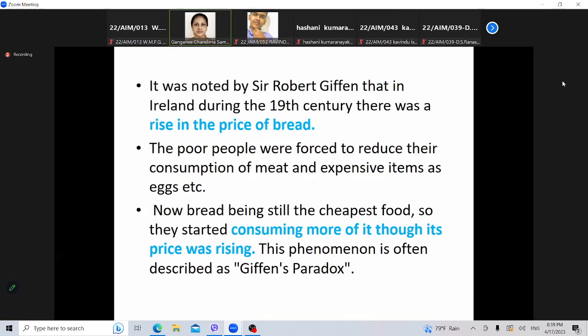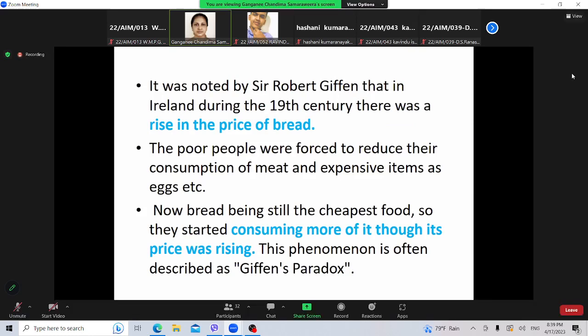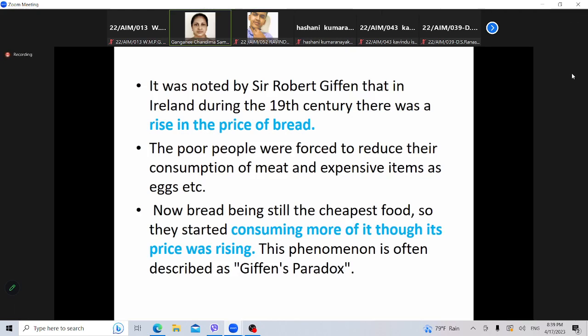This was found by a famous scientist in the 19th century after seeing the rise in the price of bread. He observed that the poor people were forced to reduce their consumption of meat and expensive items, eggs I think, and other things.